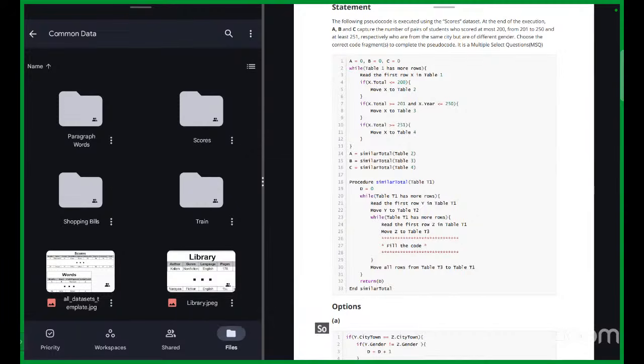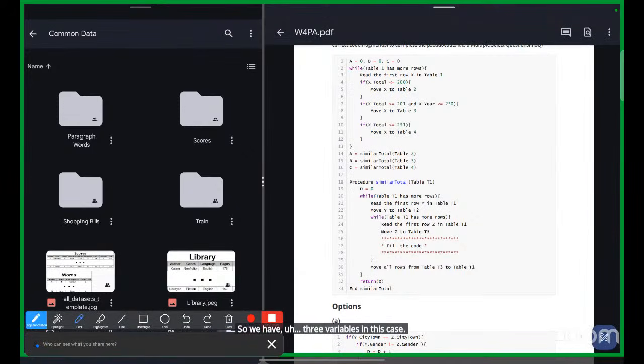So we have three variables in this case, and we are incrementing a when x dot. Sorry, we are creating three more tables. So if the total is less than 200, we are creating one table. For less than 200, we are doing that.